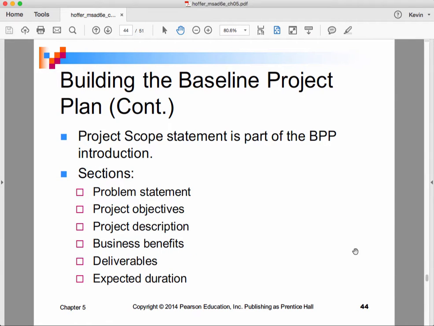Now, if you are involved in the initiation of an agile project, you're probably generating significantly less paper, but there is some paper that we generate. I mean, we do generate a project vision, a product vision statement. We do identify user stories. We do organize them into a backlog.